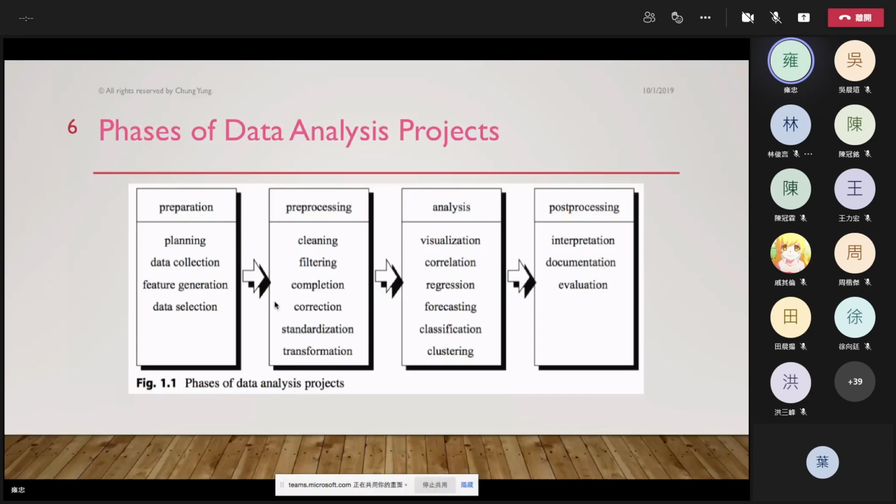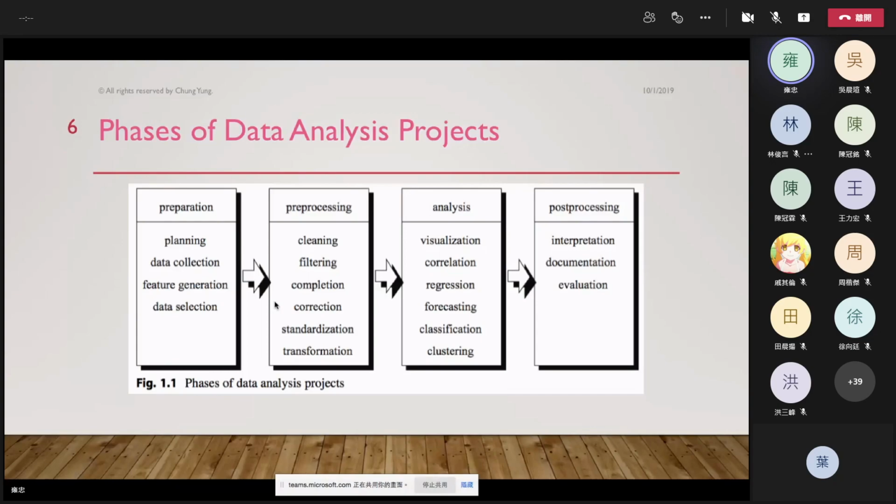Correction. Some obvious errors in data may be corrected in this phase. And standardization. Because we are analyzing a large set of data, the data may be collected from various data sources. The data from different sources might apply different scales.